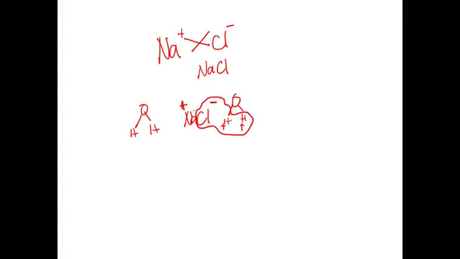And the positively charged sodium is attracted to the negatively charged part of water, which is oxygen. Okay, so they will join together. What you will have is now a mixture of free sodium ion, free chloride ion, and water.